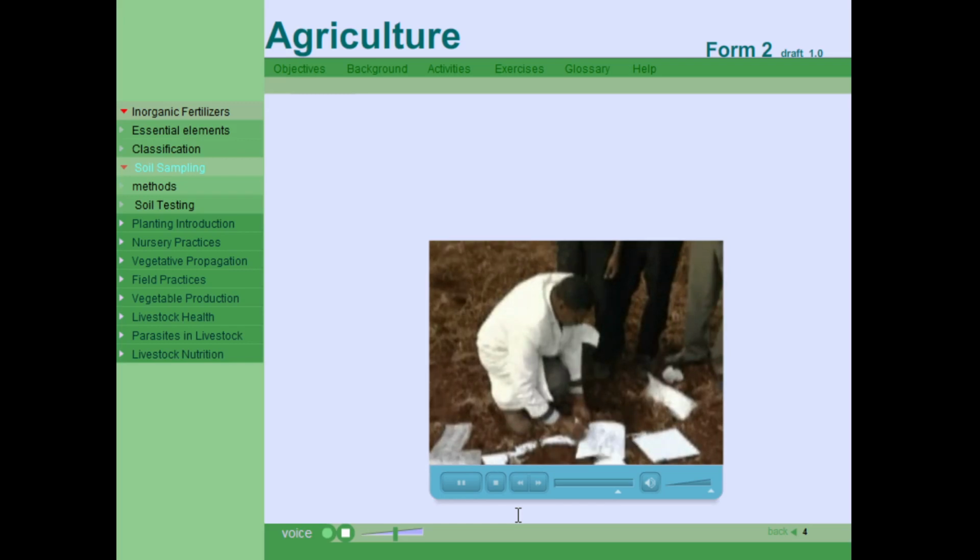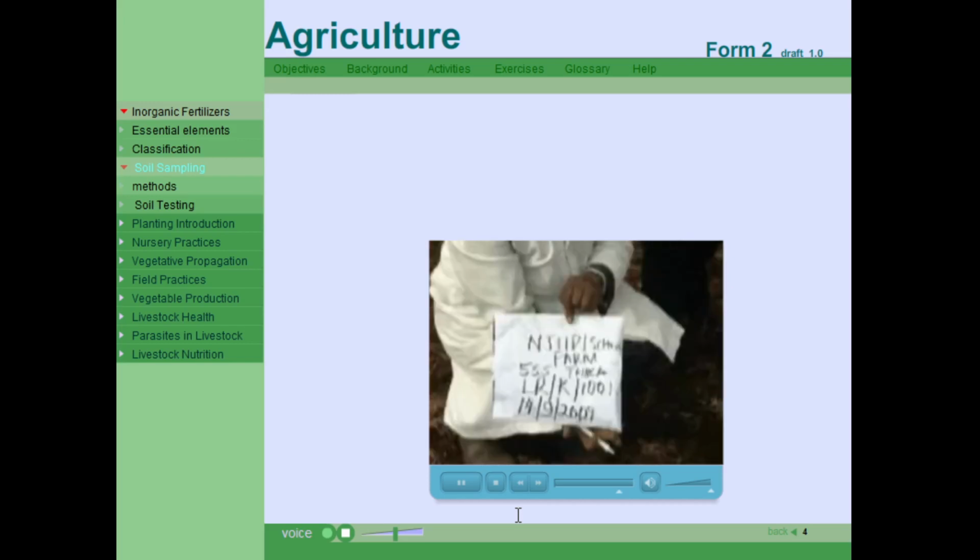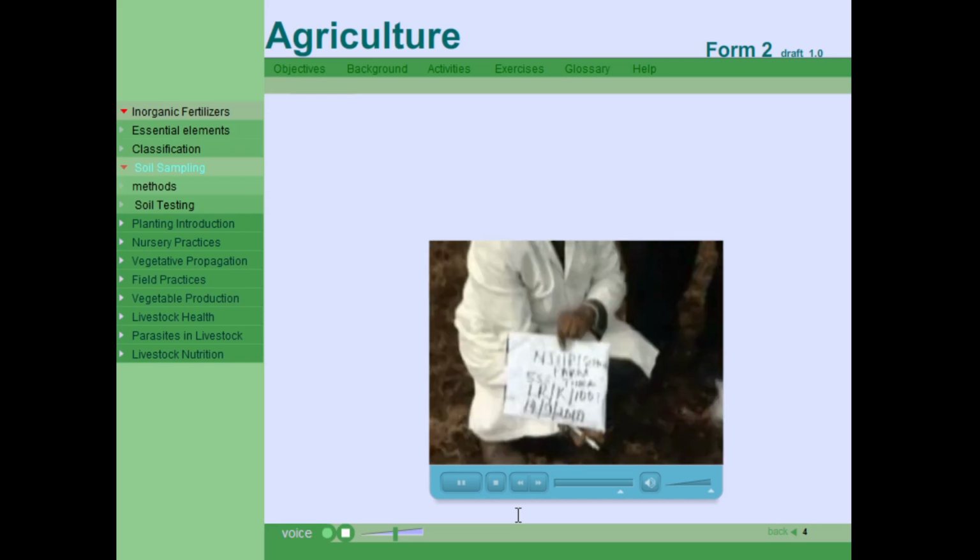Today is 14th of September 2009. That information must be clearly visible and legible. Our soil sample will now be addressed to the relevant laboratory.